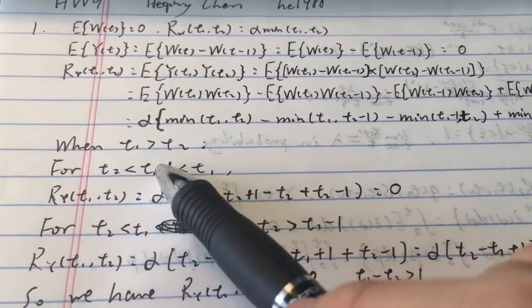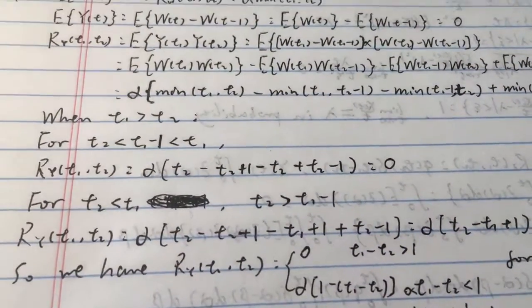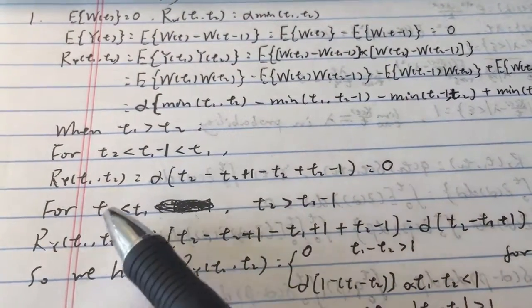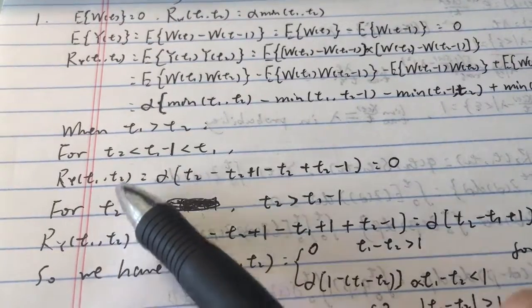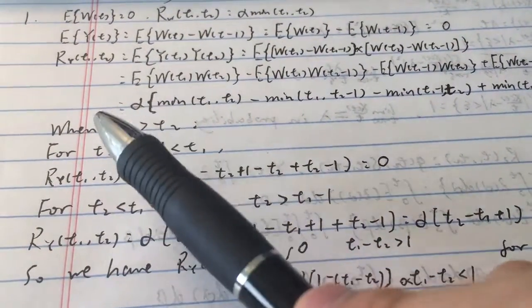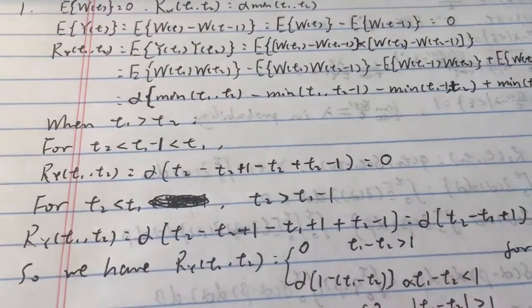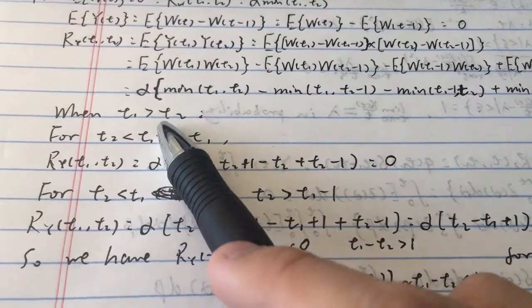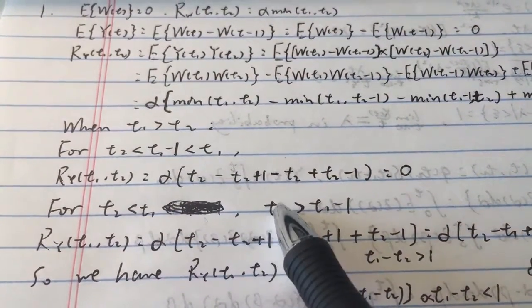Okay, this is the first case. Another case for t1 more than t2 is when t1 minus 1 is less than t2, and t2 is still less than t1.